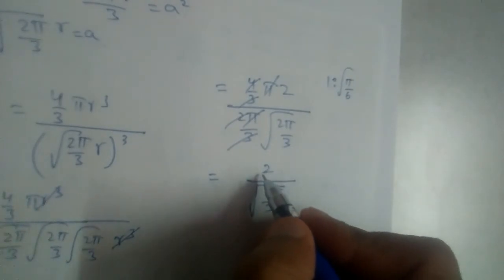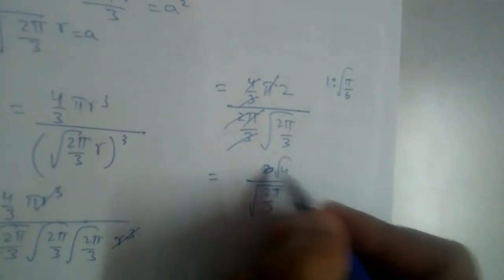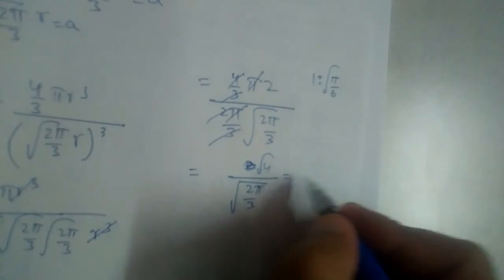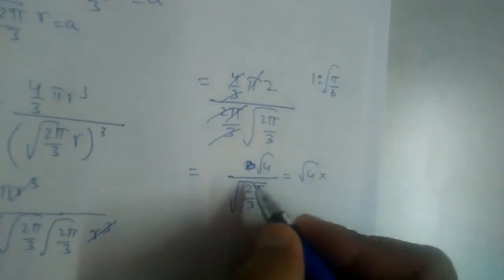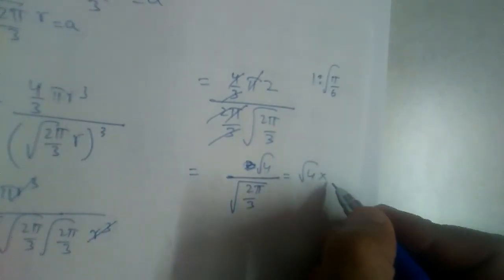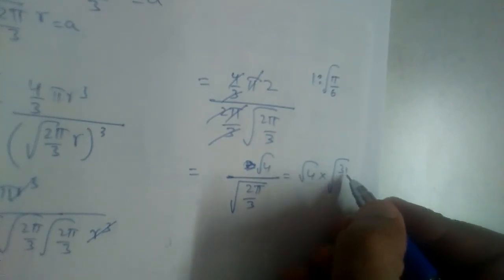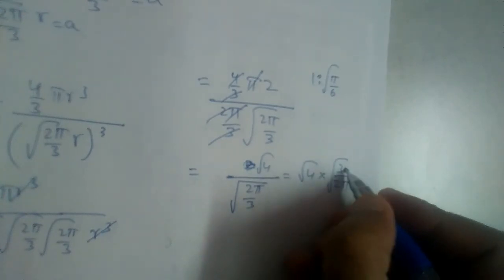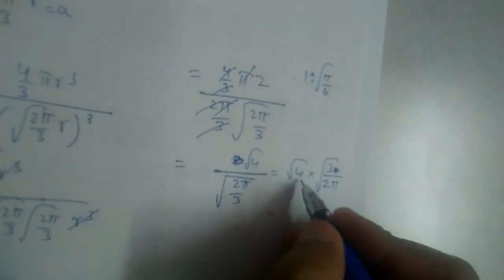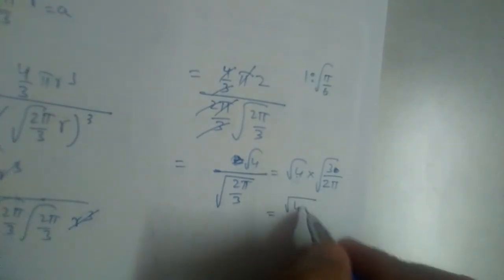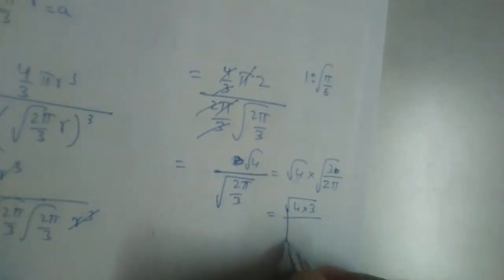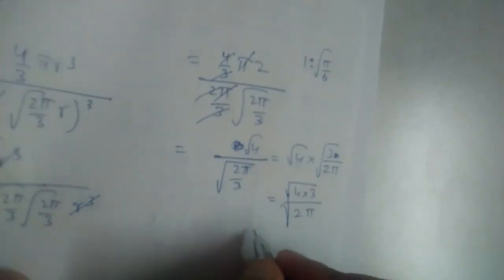See, this is 2, right? Can we write this as root 4? Yes. Now, if you simplify this, this is root 4 into, this is division of division, right? So this will become root 3 by 2 pi, root 3 by 2 pi, right? So this is root 4 into 3 in the denominator and 2 pi in the numerator, right?